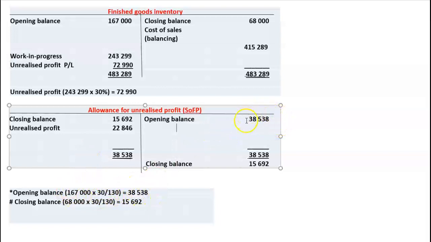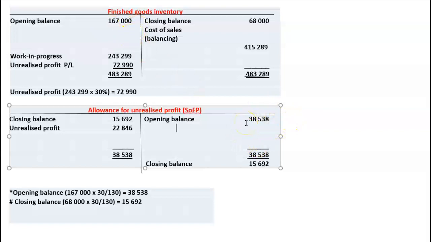So our opening balance, you can always work out if I give you the value of my opening inventory and I tell you what the unrealized profit percentage is. You must by yourself know how to work out the opening balance on the allowance for unrealized profit. So last year in our financial statements, inventory was shown at 167,000 less 38,538. Only the net amount would have been shown.